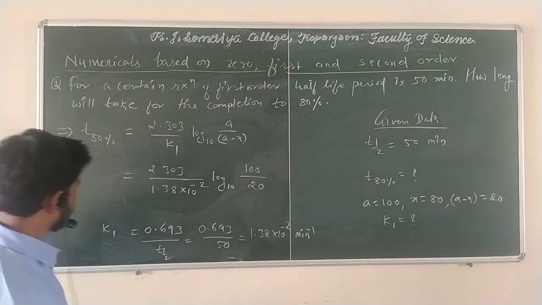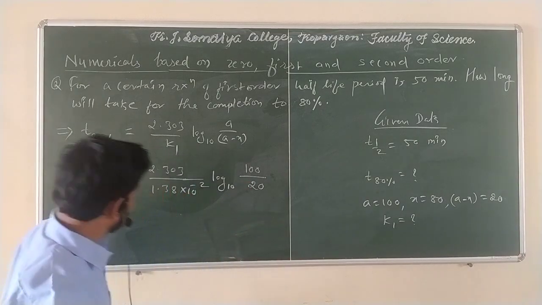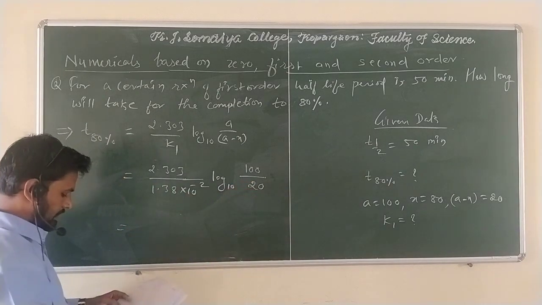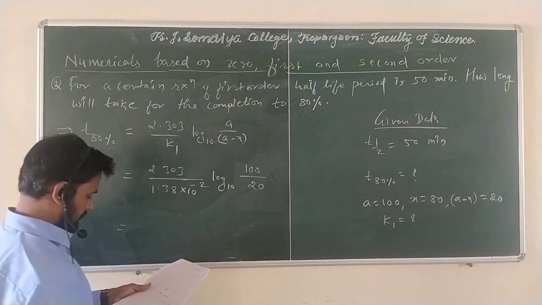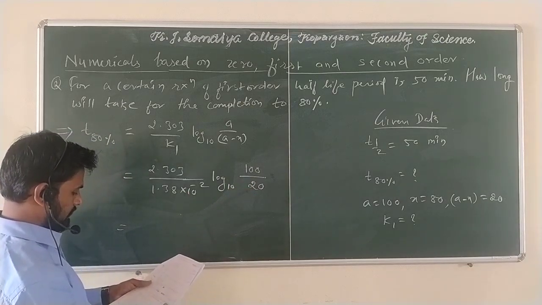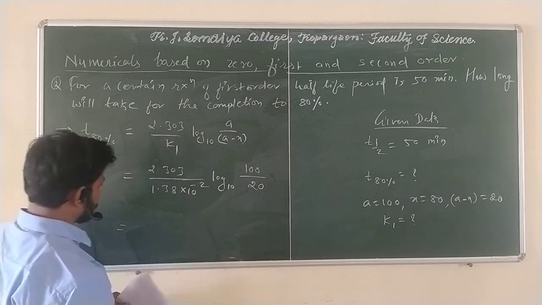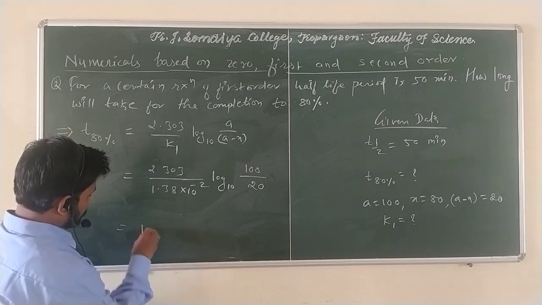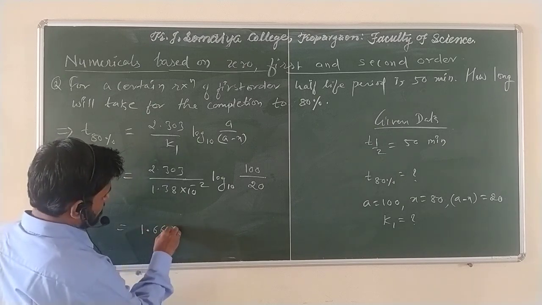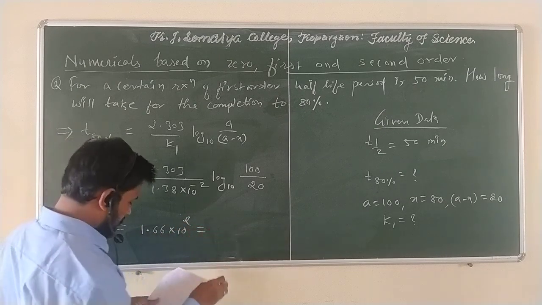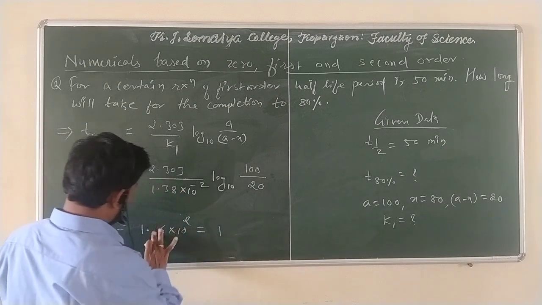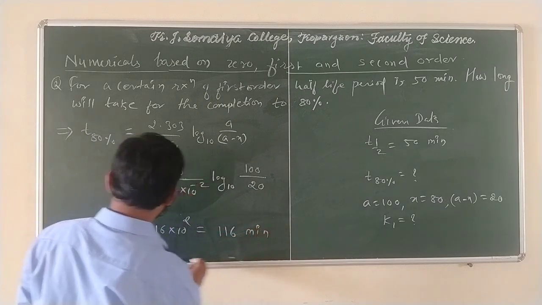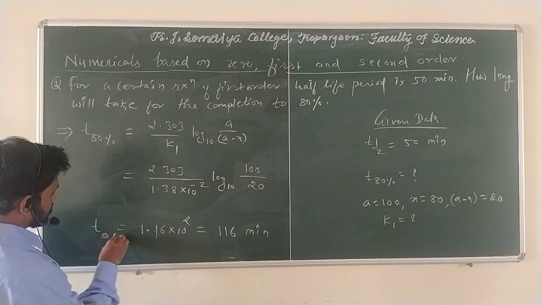Now simplify it. Very simple, you calculate it. Finally, I directly write the answer: 1.16 into 10 raised to 2, which is nothing but 116 minutes. This is the time for 80%.